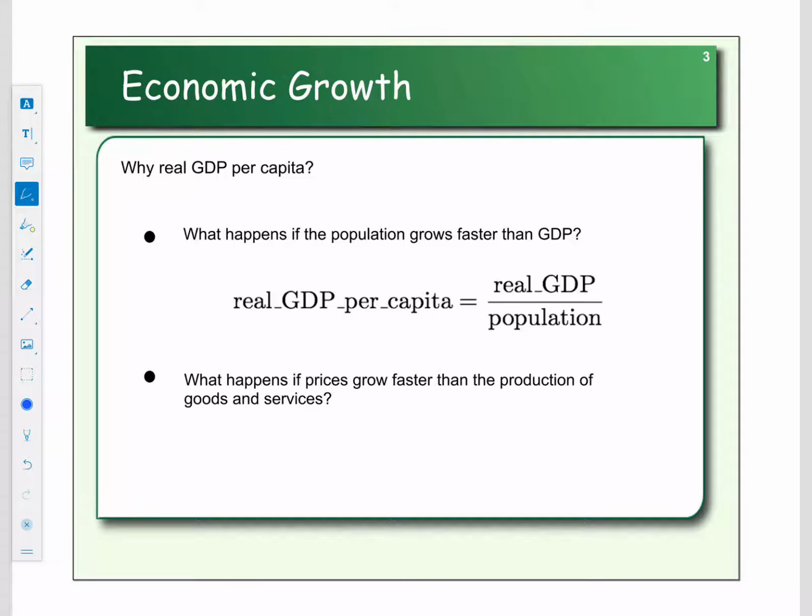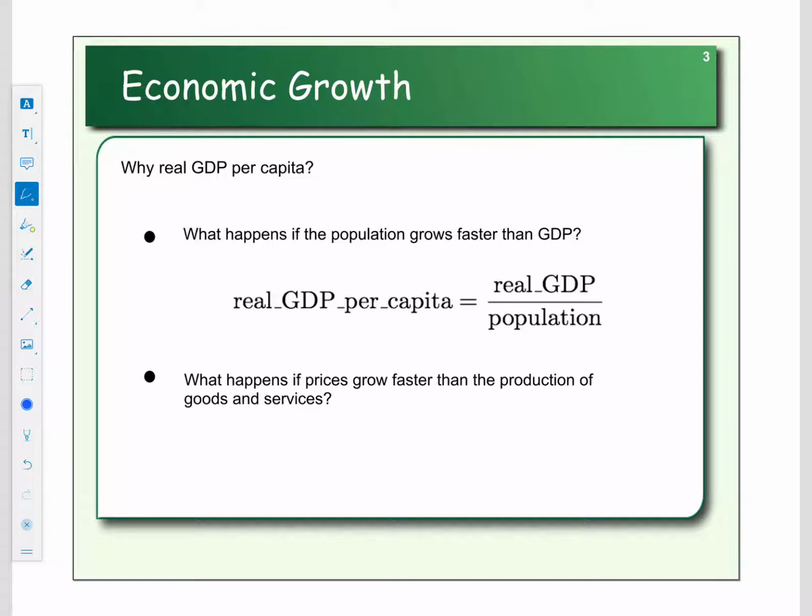If your population is growing faster than the amount of stuff, your people aren't really better off. Your economy isn't really expanding in terms of people's access to goods and services and the better life that goes with that. People's income isn't going up. So we need to have more goods and services per person for the economy to really, truly be growing.